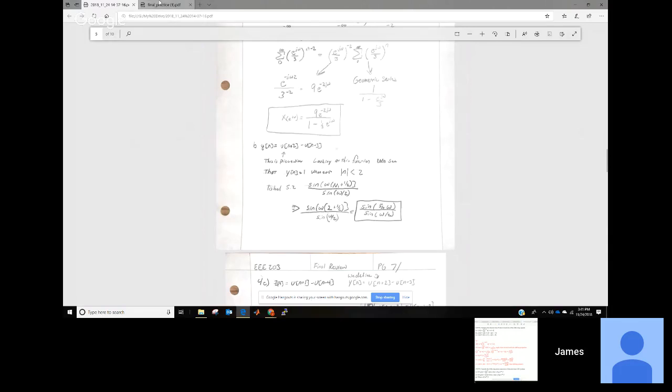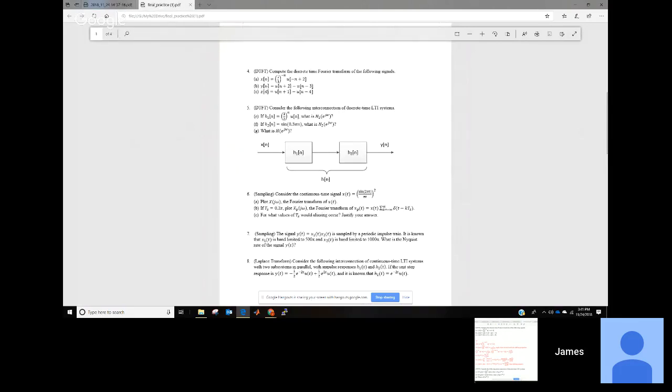So for 2B, we're given the step function that becomes active at -2 and then turns off at 3. If you were to graph this, you just have 5 pulses, starting at -2 and ending at 2.